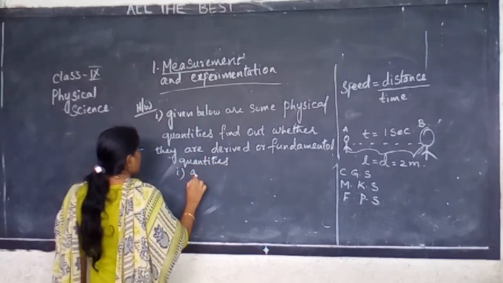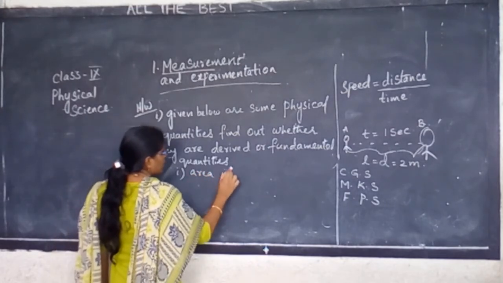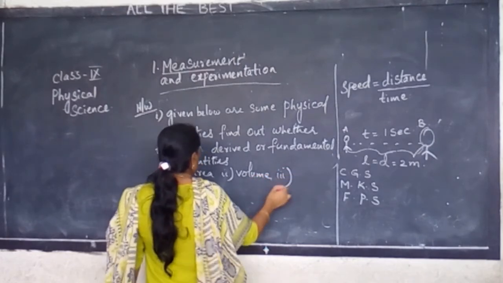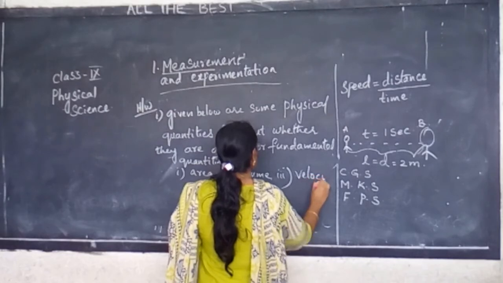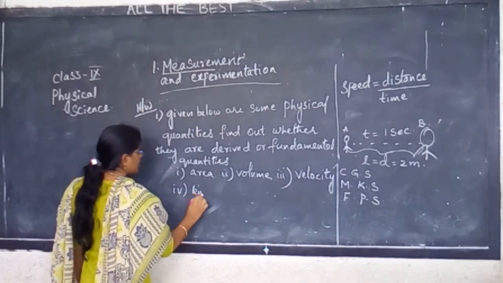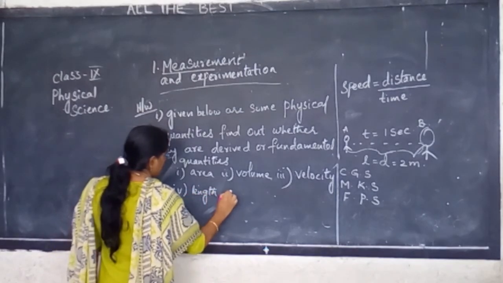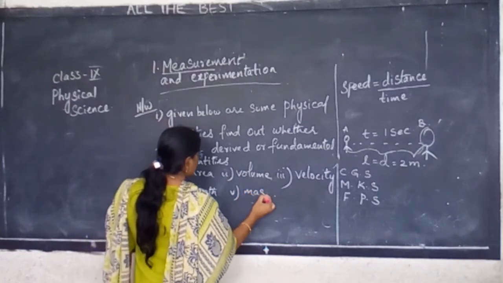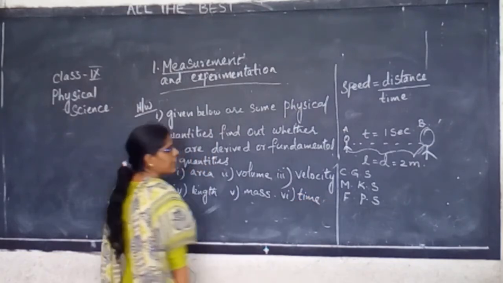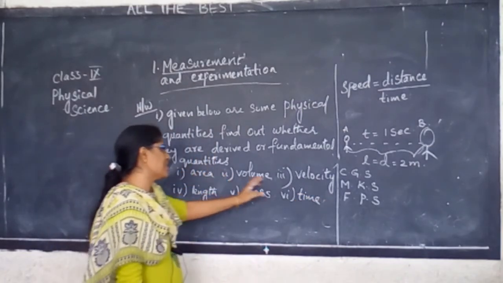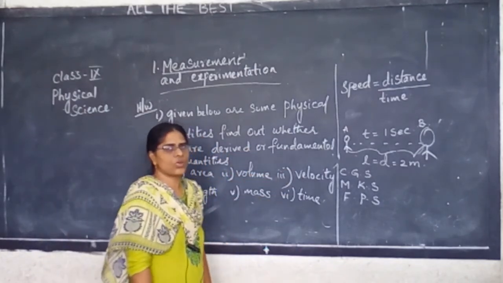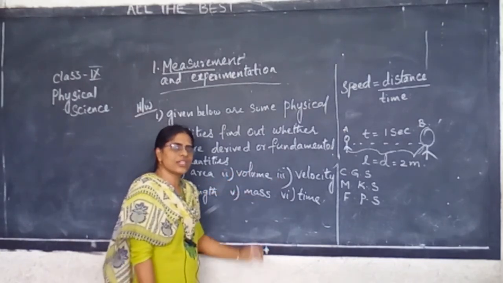First one is area. Second one is volume. Third one is velocity. Fourth, length. Fifth, mass. Sixth one, time. Write the formulas and find out among these 6 what are the fundamental quantities and what are the derived quantities. Write their units in MKS system.